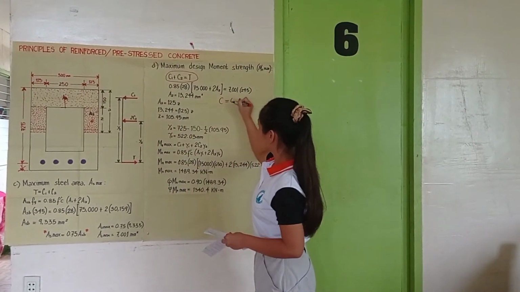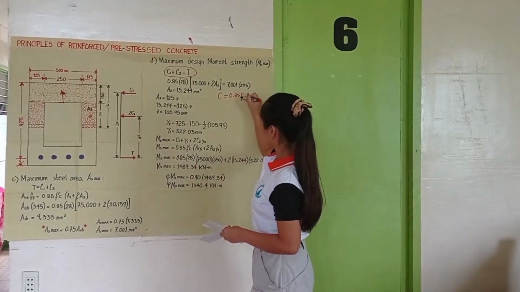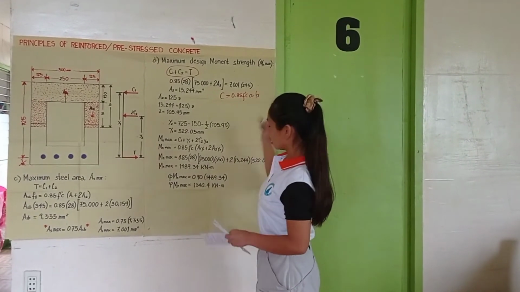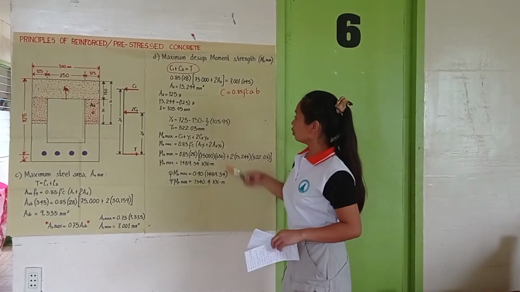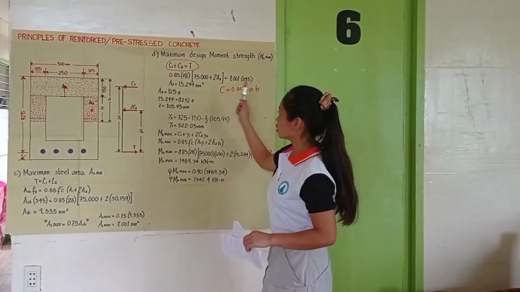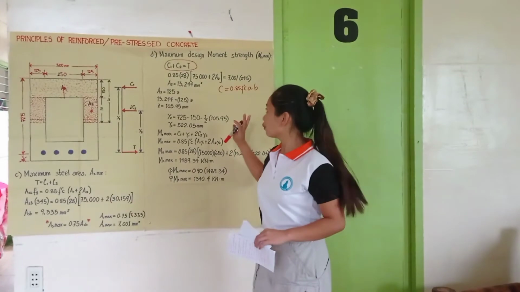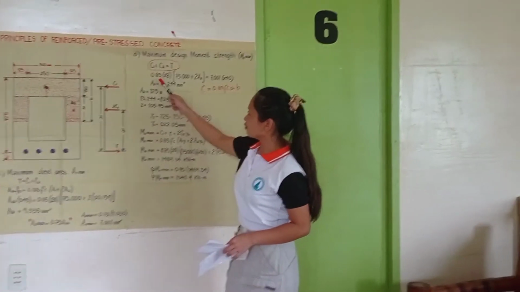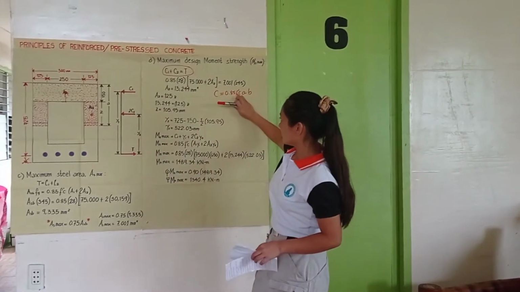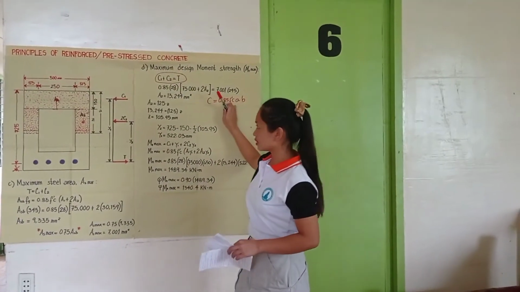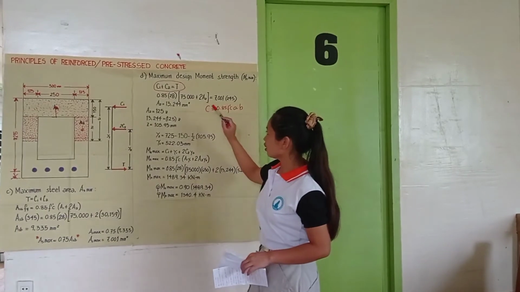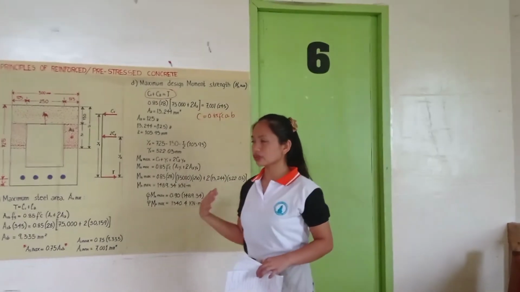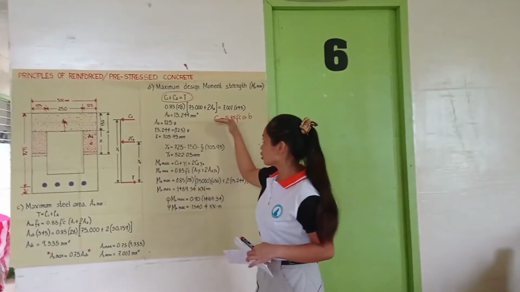For C, we have 0.85 times F prime of C, then AB. In this, we will not literally use AB because we will solve for our new area 2. So that is 0.85 times 28 for the compressive force times the quantity of 75,000 plus 2 area 2. In this condition, we have made area 2 unknown.